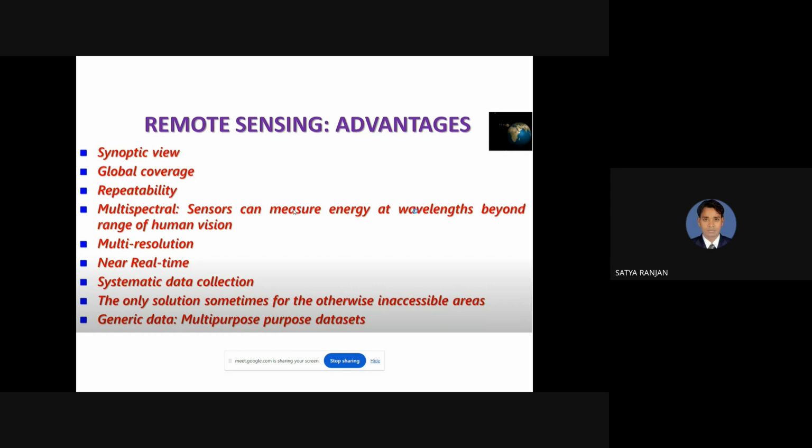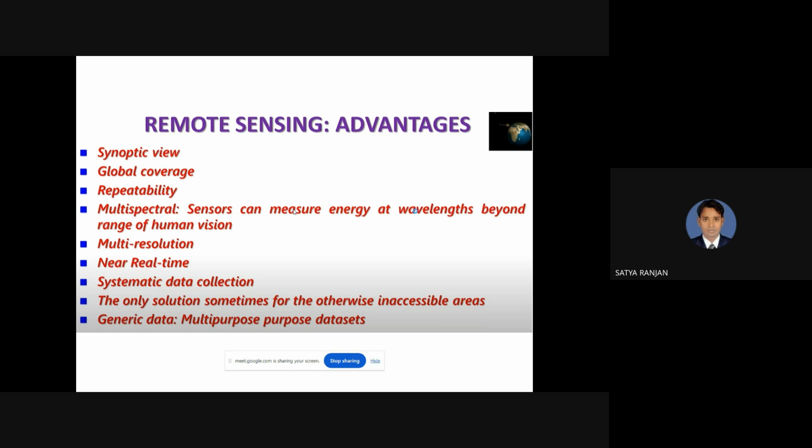Suppose for urban mapping, we use a different spectrum of wavelength. For mangrove and forest classification, we need the infrared region of the spectrum.